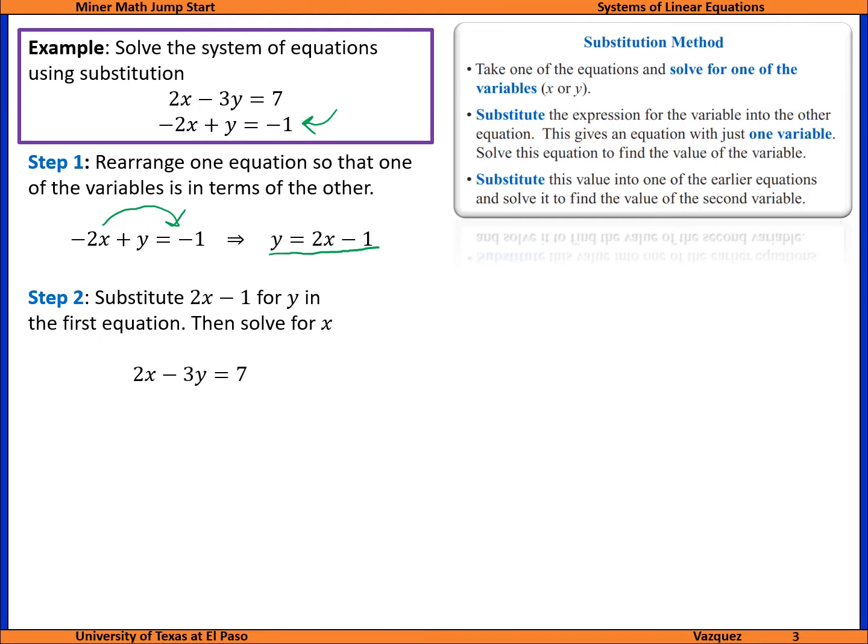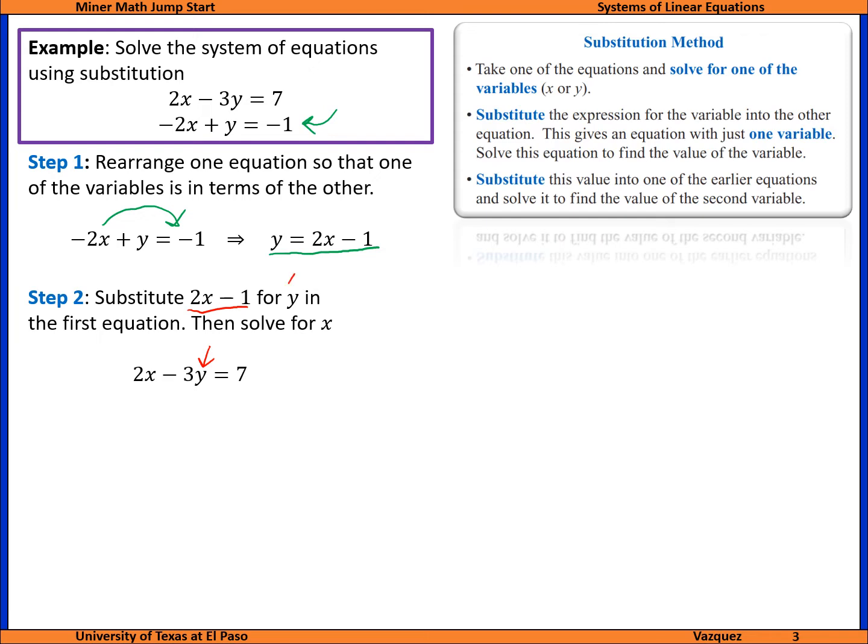We'll get that first equation now: 2x minus 3y equals 7. Just as we said, instead of y, we're going to plug in 2x minus 1.